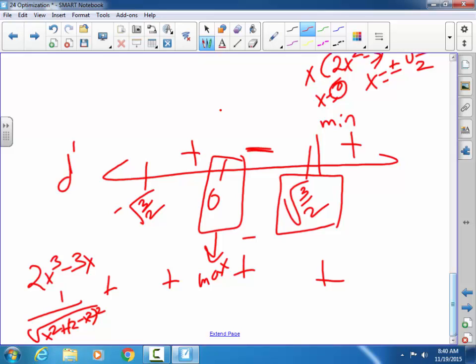All right, what about negative 4? When we put that in there, negative 4, we get negative 128 plus something, so we get negative here. So this is back to being a minimum. So we got 2 minimums. Does that 0 in there being a maximum bother you?